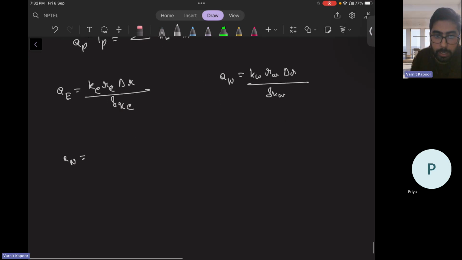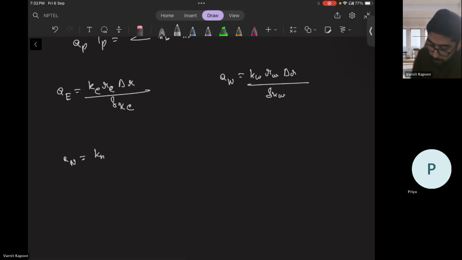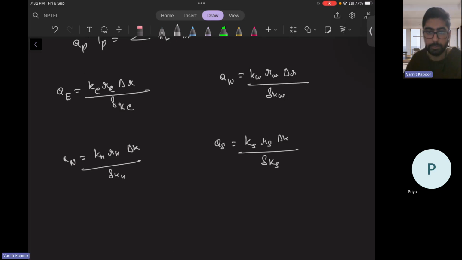A north will be Kn Rn del X over del Rn, and A south will be Ks Rs del X over del Rs.